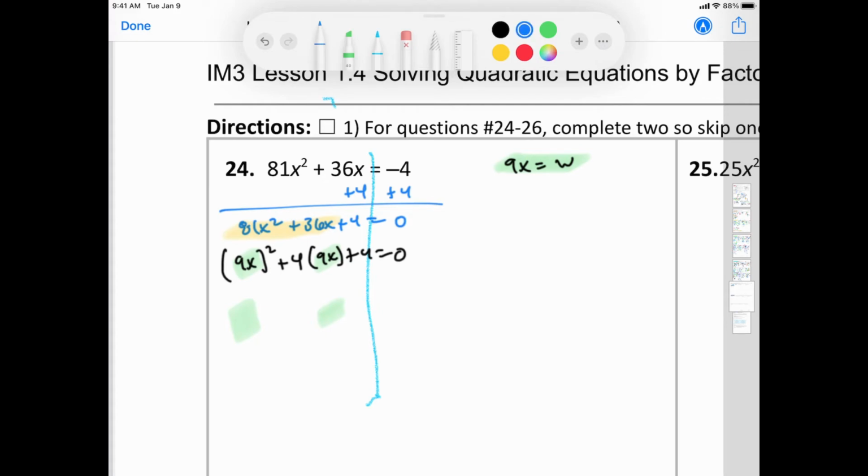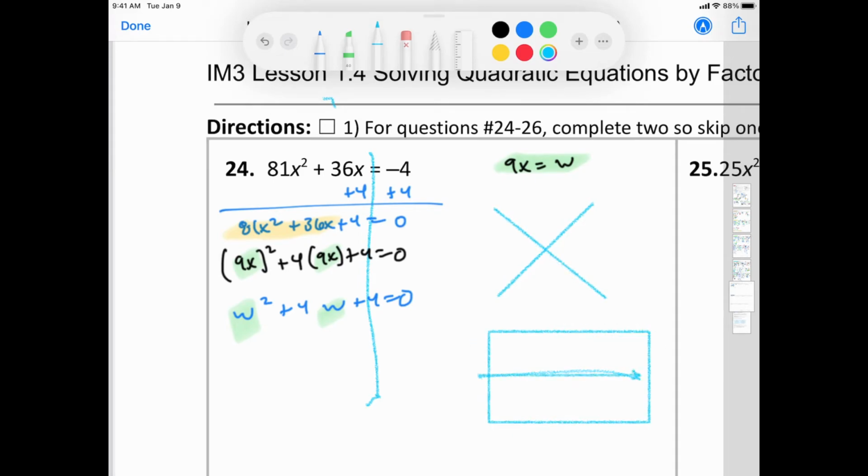So I get w squared plus 4 times w plus 4. And then do the x in the box. A times c, so this a is 1, b is 4, c is 4, so a times c is 4, b value is also 4. And my answer is going to be 2 and 2. So that is 4w.